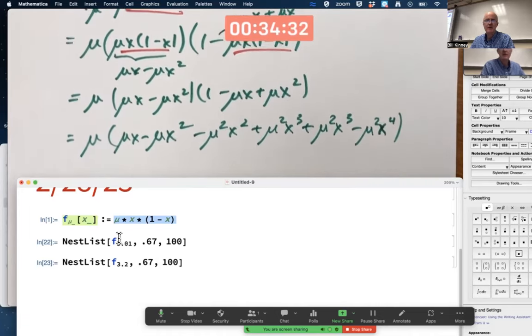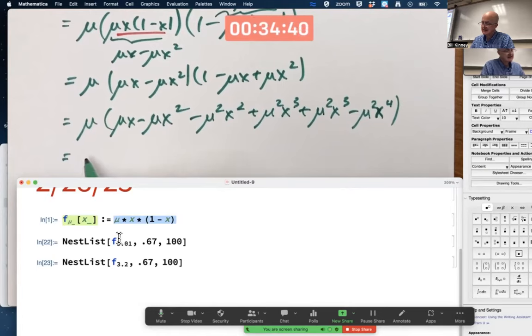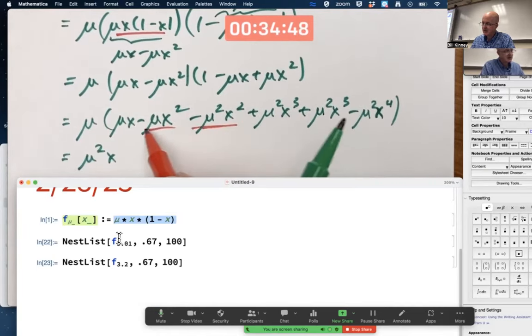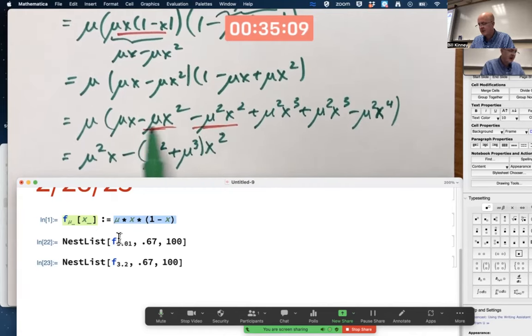Got a 4th degree polynomial here. Multiply this mu through. There's no constant term. That's nice. Mu squared x. These two terms can be combined. They both involve x squared. And also multiply by mu. Maybe I'll keep the minus sign out in front. I get in parentheses mu squared plus mu cubed x squared. See how I got that? I factored the minus sign out.